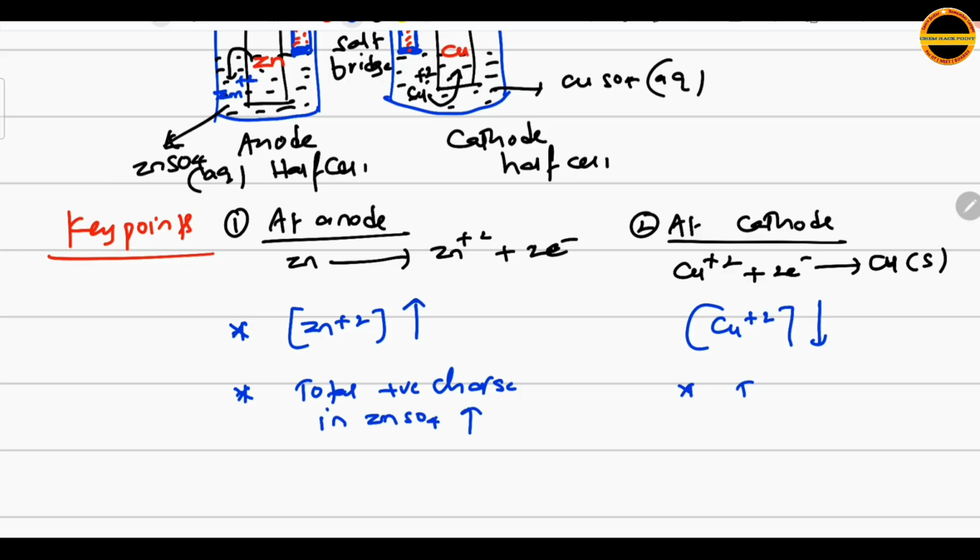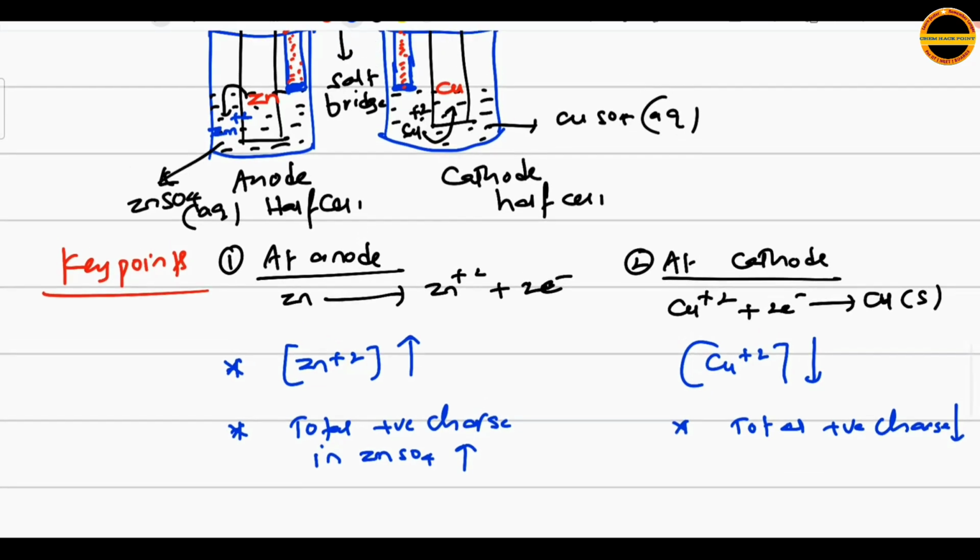Here, total positive charge decreases in copper sulfate solution. Why is total positive charge decreasing? Because Cu2+ positive charge moves towards cathode and deposits on it. Hence total positive charge decreases. Whereas in the left side anodic half cell, as many zinc ions enter the solution in the form of Zn2+, total positive charge increases in ZnSO4.